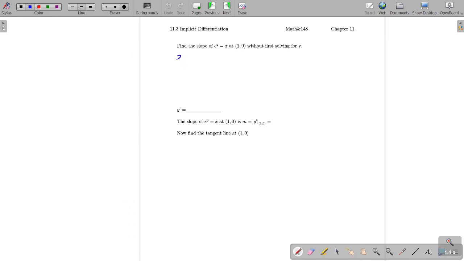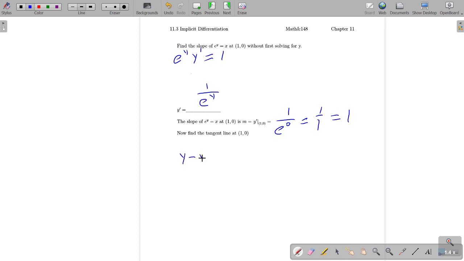So this would be e to the y times y prime equals 1. So y prime is going to equal 1 over e to the y. So if I evaluate this at (1, 0), I have 1 over e to the 0, which is 1 over 1, which is 1.